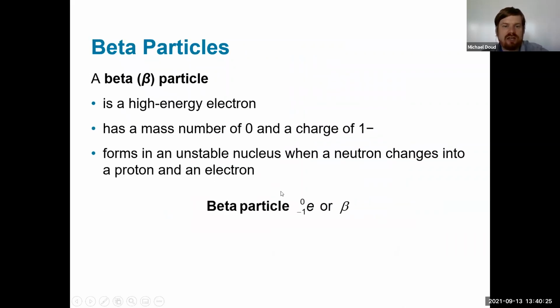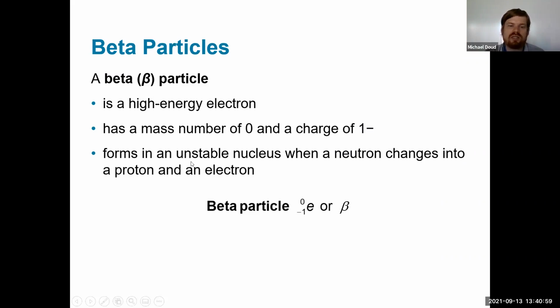Beta particles, these are the electrons, and it's just a high energy electron that's emitted from the nucleus. And what happens in beta emission, the emission of a beta particle, is that a neutron flips into a proton and an electron. So the proton stays in the nucleus as the neutron changes, but the electron is emitted just to balance the charge, number one, and then also release the excess energy and matter that's there.